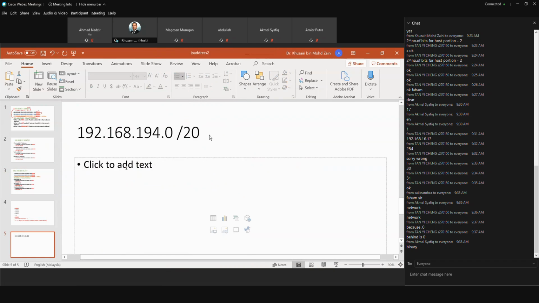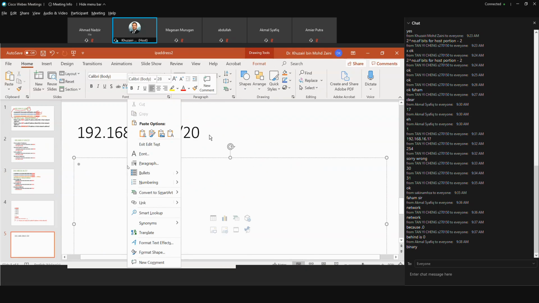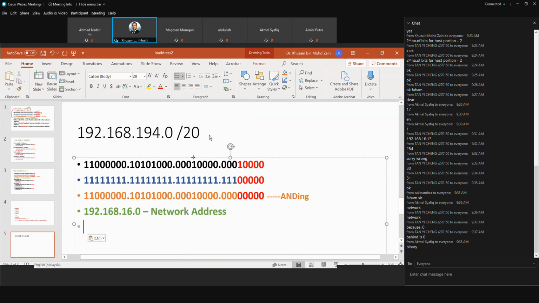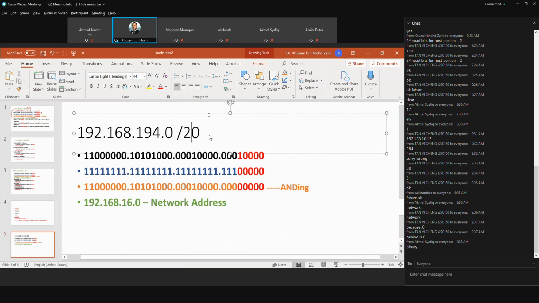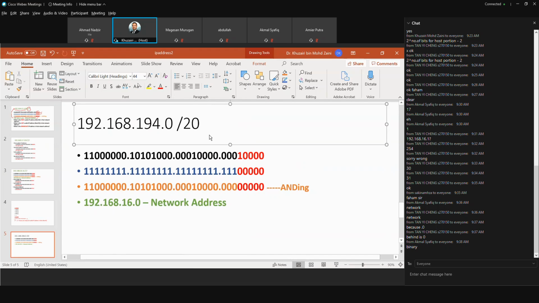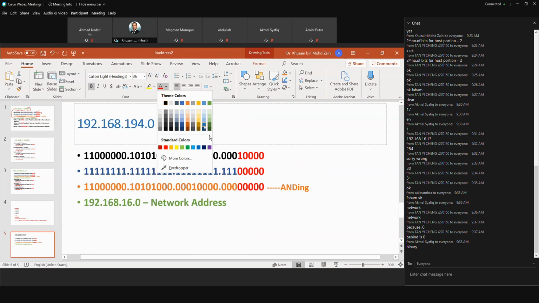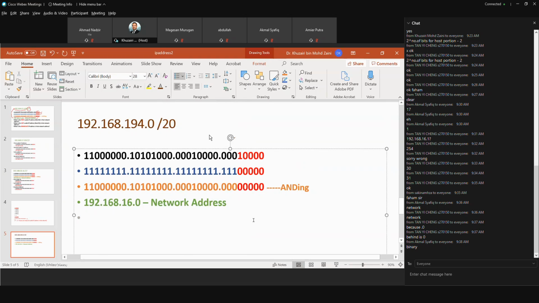Syafiq asked us to convert to binary. Okay, we convert to binary. 192, this one correct, 168.